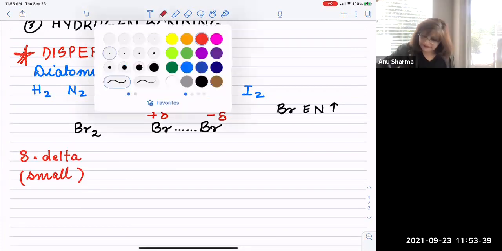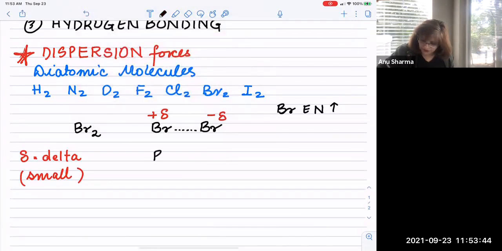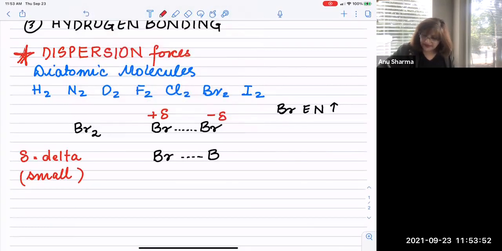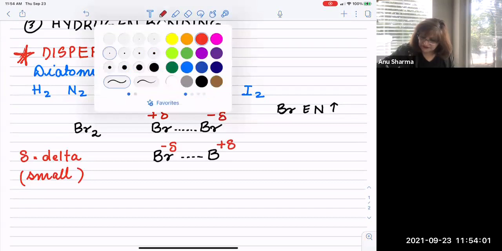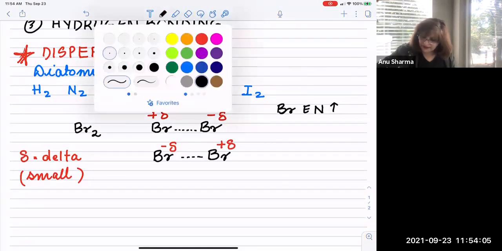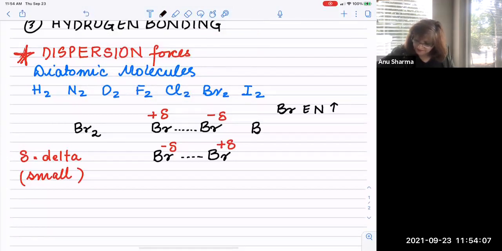So what happens now is that the same story is happening in another bromine molecule also. The way they align, the negative of one is aligned to the positive of another. Let's do another one. So this is another bromine, and another bromine.